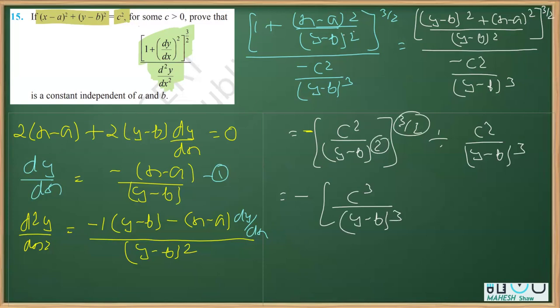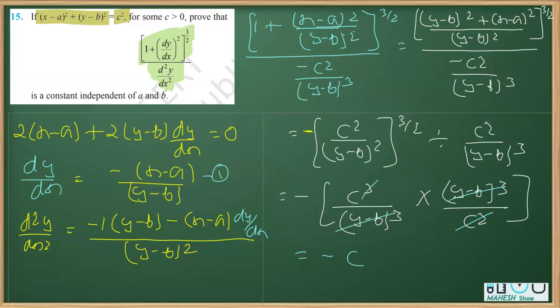And same with the numerator, applying the laws of exponents, we'll get c raised to the power 3. Then dividing is the same as multiplying with the reciprocal. So I can write this as (y minus b) whole cube, divided by c square. Further, you can see that this is cancelled, and if I cancel this with this, I'll get minus c as the final answer.